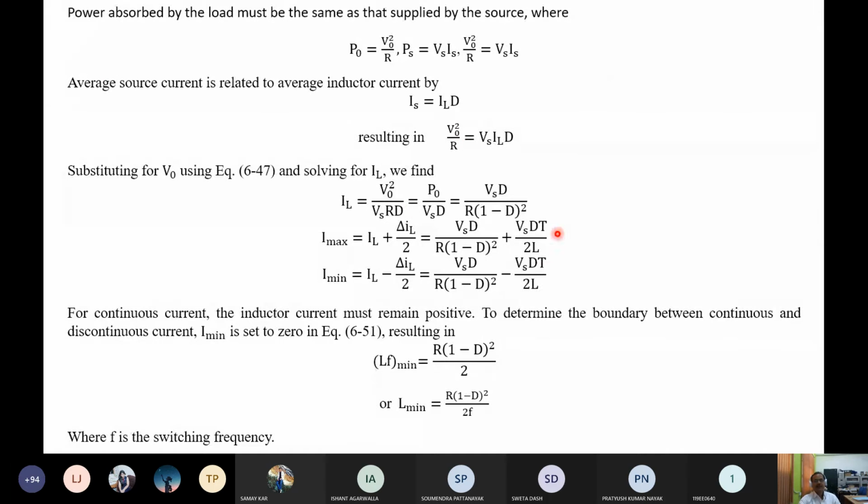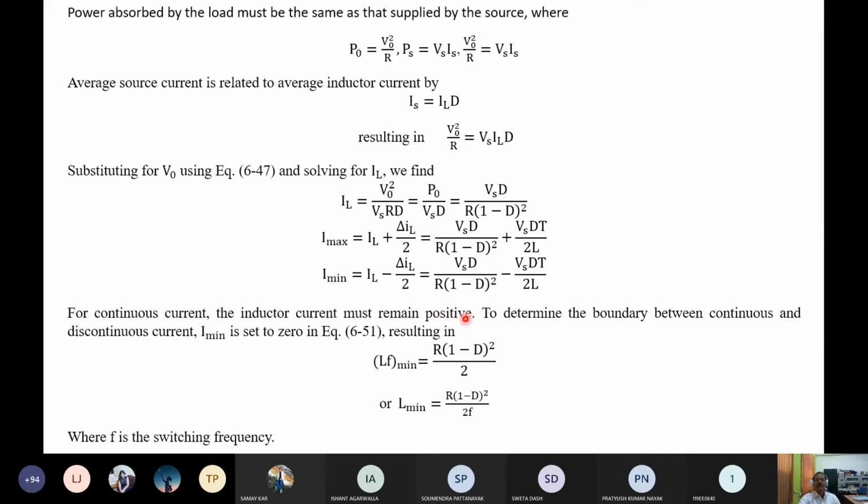So the boundary condition is that for the inductor current not to reach 0, and to be continuous, I minimum is just set to 0. If this is set to 0, Vs D over R (1 minus D) square is equal to Vs DT by 2L plus Vs DT, which will cancel.